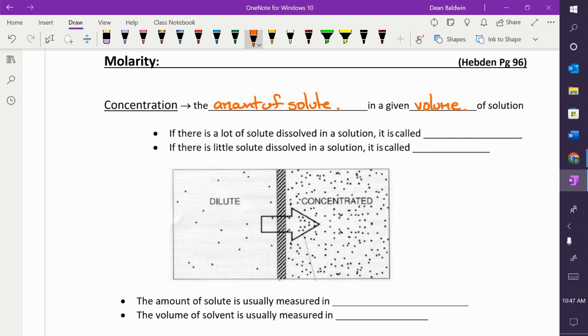Now these are general terms, what I'm going to say right now. So if there's a lot dissolved like this, all right, we call that concentrated. And if there's only a little bit dissolved, we call it dilute.